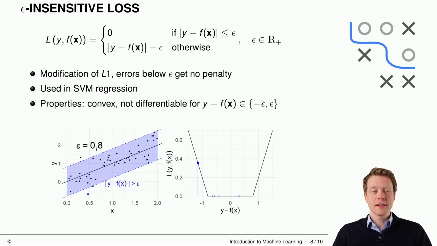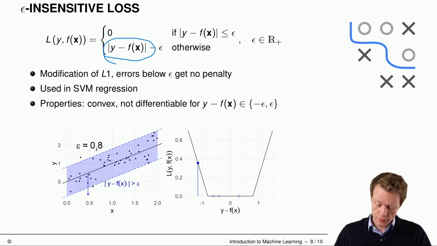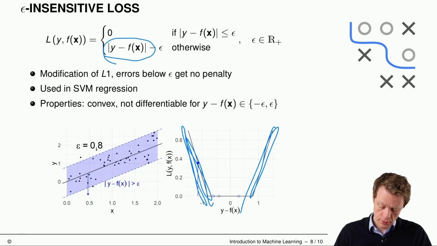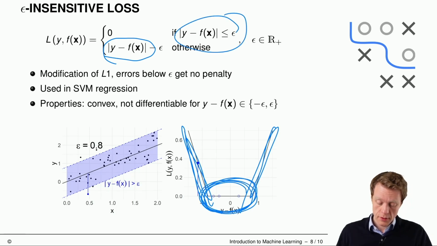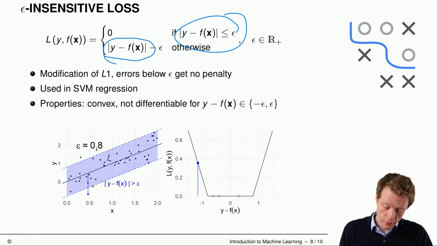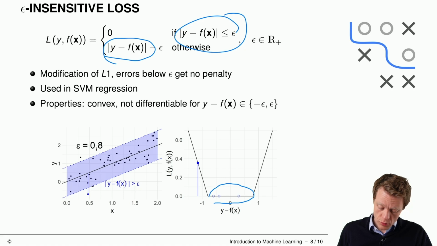We have two more losses. The first one is the Epsilon-Intensive loss. It's an L1 loss here and there. So if we are outside this middle field here, so if the residuals get larger, then it's an L1 loss. But if we are in that area around zero, then we say, okay, we don't really care if we have some errors here. It's not worse to have an error of minus 0.5 or plus 0.5 than having an error of 0.